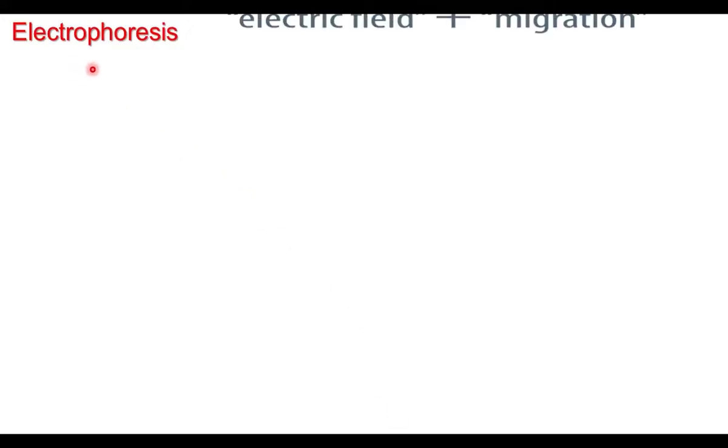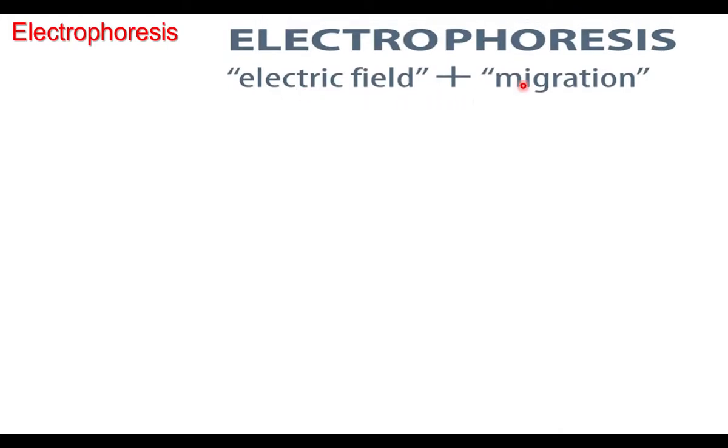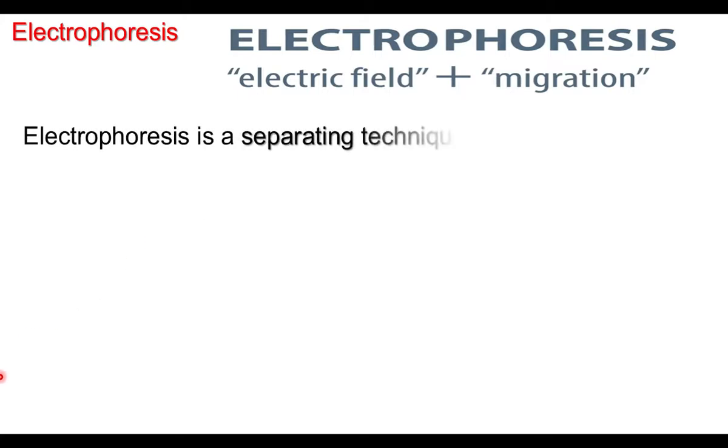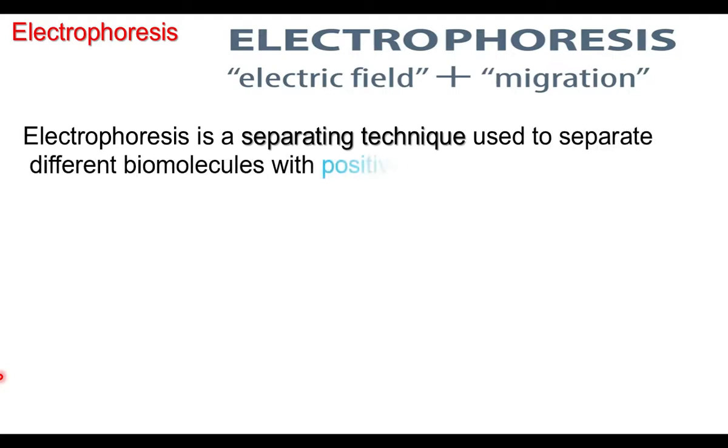Electrophoresis: electro means electric field, phoresis means migration. Electrophoresis is a separating technique used to separate different biomolecules with positive and negative charges.